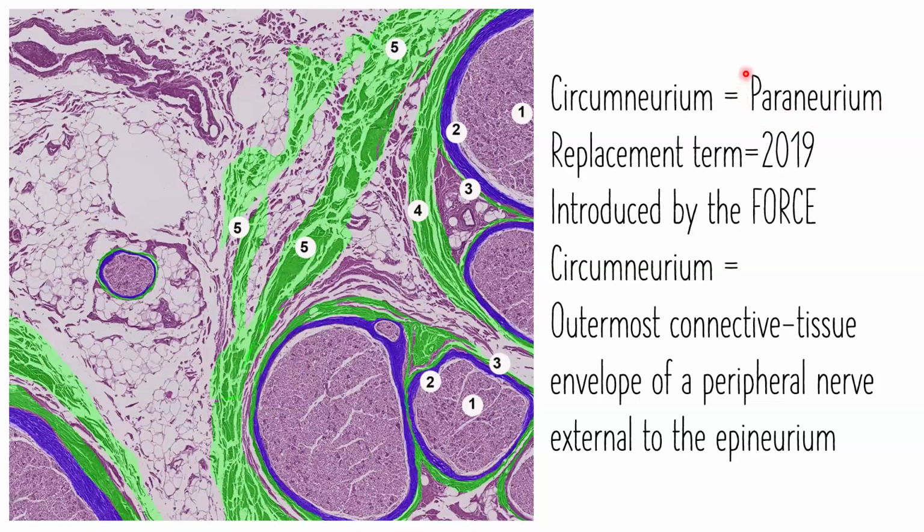So in case they are using the term circumneurium anywhere in the talks, it is exactly the paraneurium, and it is the outermost connective tissue which envelops a peripheral nerve, which is external to the epineurium. So you have epineurium, and you have the circumneurium which goes around. So that's how the circumneurium is exactly the paraneurium.